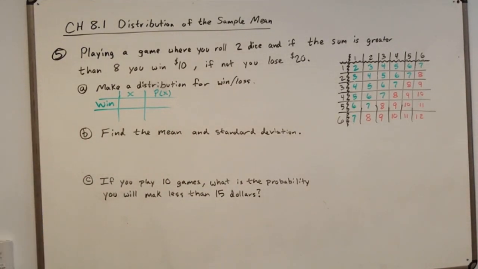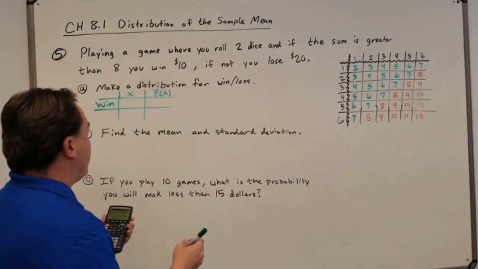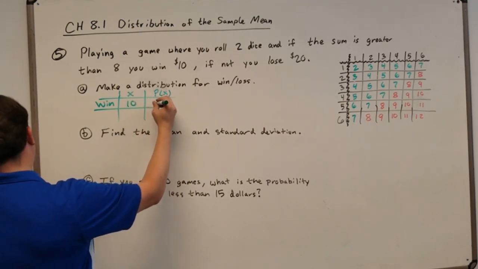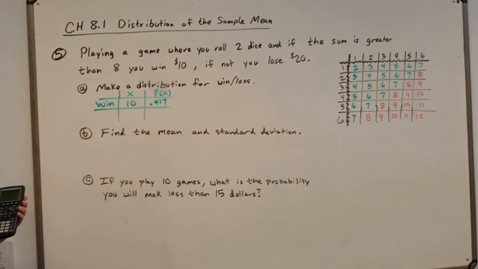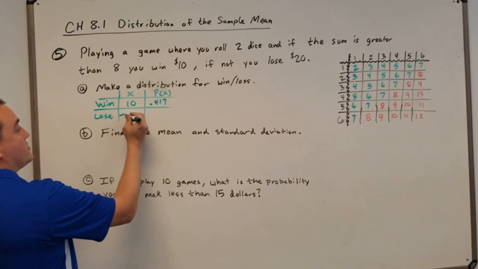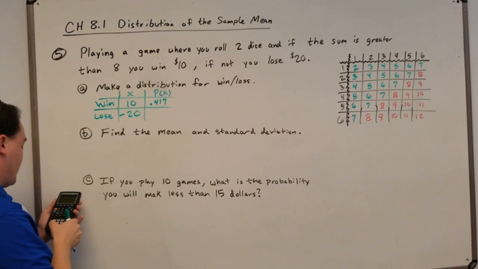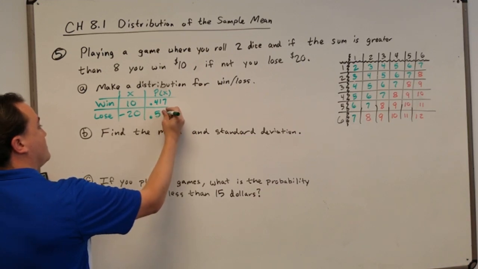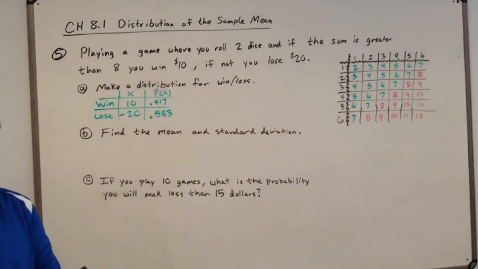So 15 divided by 36 is, we're winning $10. And that's a 41.7% chance, or 0.417. If we lose $20, so we can say negative 20. And it's 1 minus this. Okay, so we can say 1 minus the answer we just got is 0.583. So there's our distribution. Very small, so it's not hard to deal with.